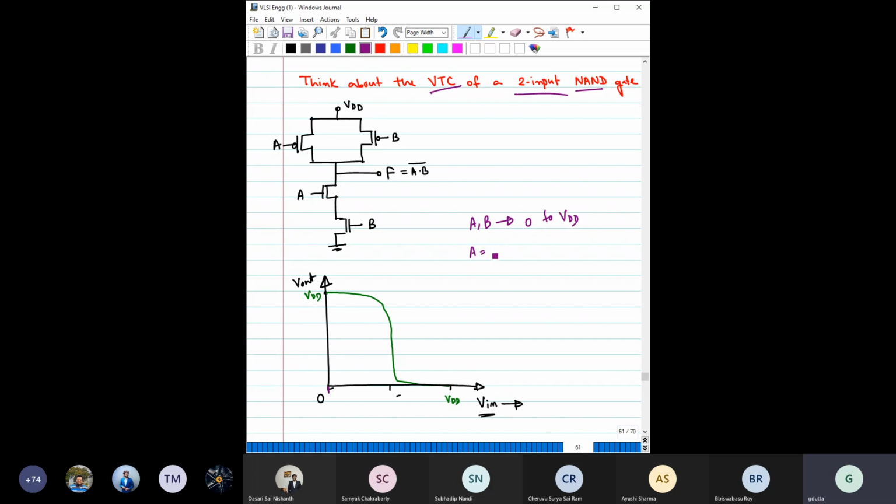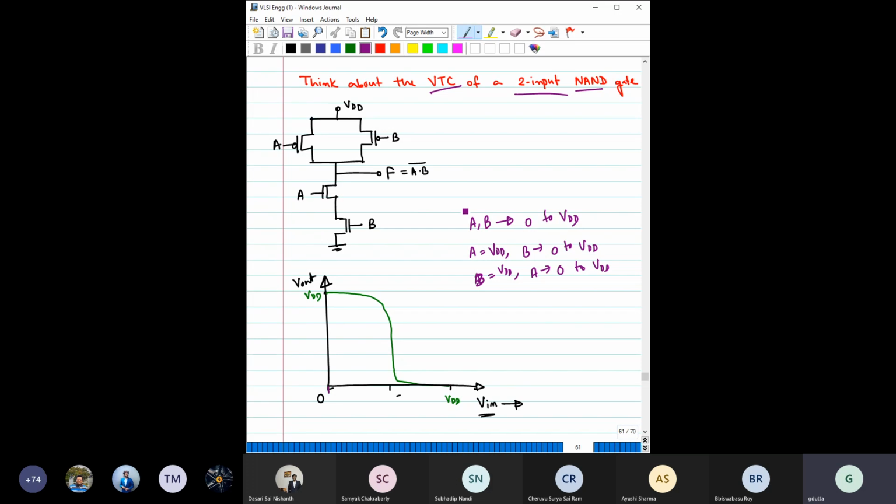Or it might be A from the beginning itself is fixed at VDD and you are changing only B from 0 to VDD. Or the third case might be B is fixed at VDD and you are changing A from 0 to VDD. Right? These might be the cases.